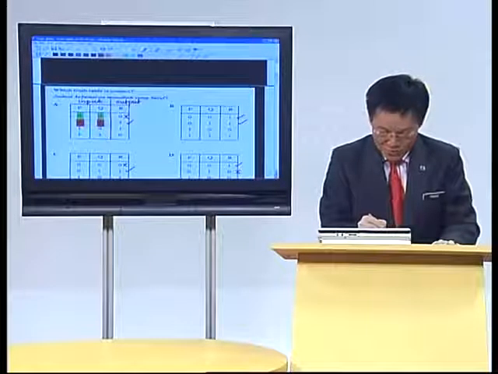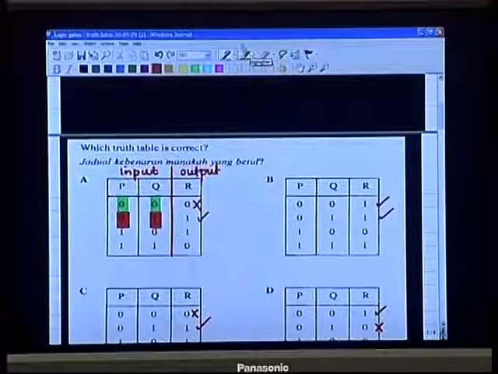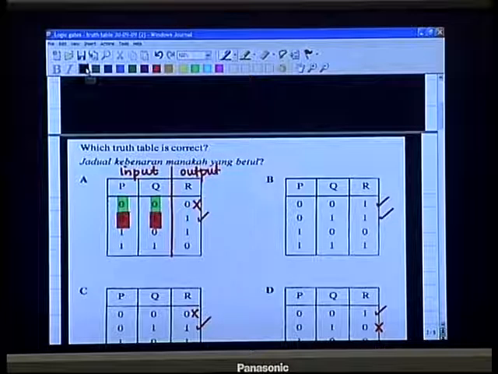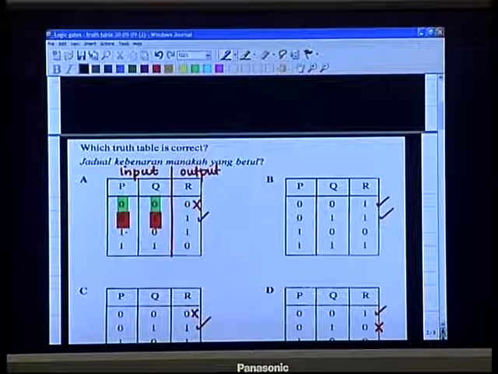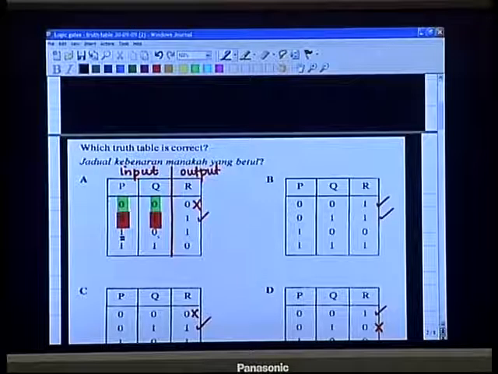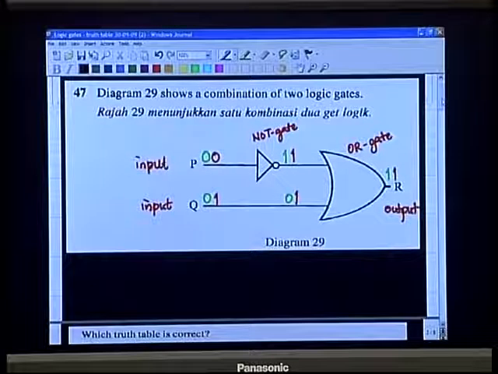Now, what is the third one? The third one is, okay, I will use black. I underline it. 1, 0. Alright? 1, 0. So I write now 1, 0.